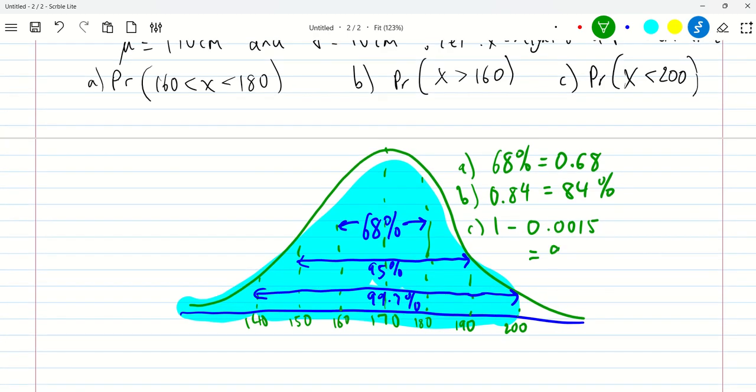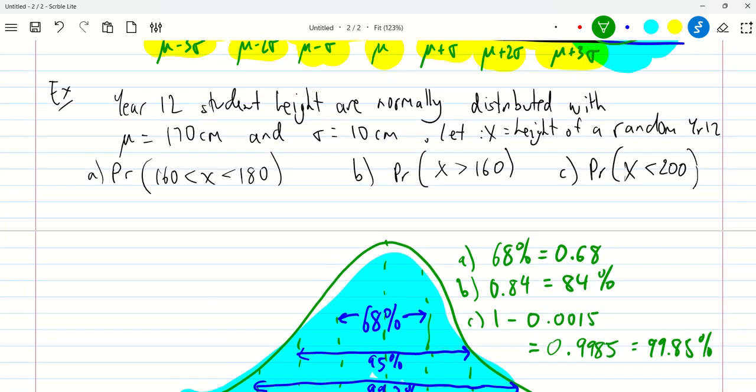And so what's that? 0.9985, which is the same as 99.85%. So I hope that makes sense.